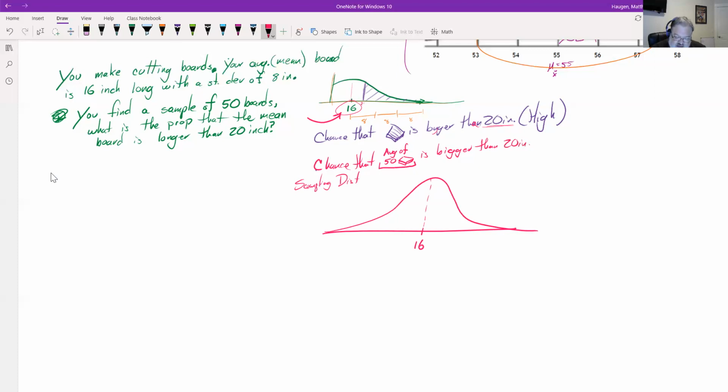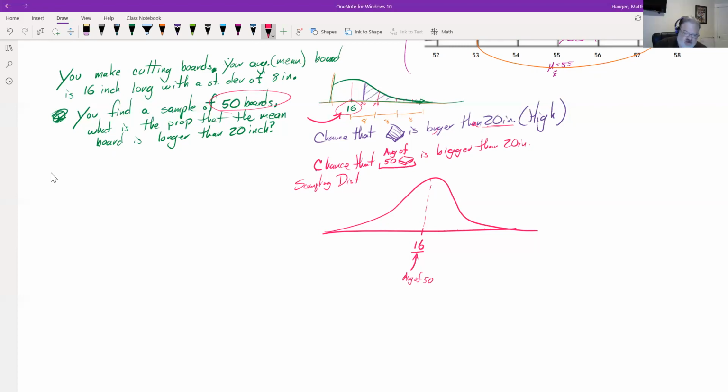This 16, that 20, this 24, those are individual board lengths distributed in our population, right? This 16, okay, it's the same number as that one, but this 16 is an average of 50 being 16. All the values in the sampling distribution are not lengths of boards anymore. They are averages of 50 boards. Which makes it automatically a normal distribution every time.